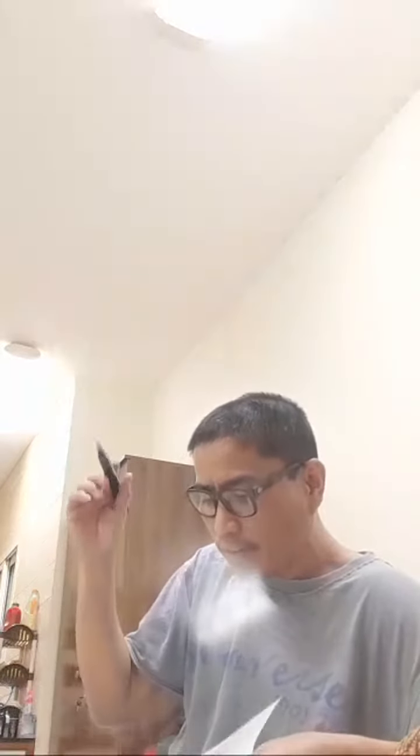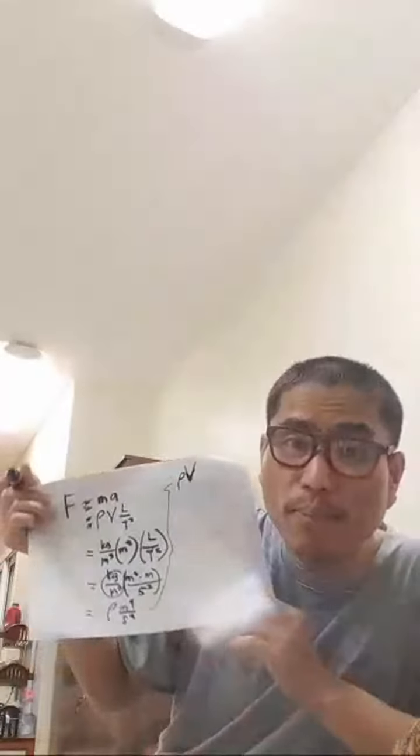Okay, so, going back: density times the volume. I see the volume, big V, to distinguish it from the small v, which is velocity. So, density times big V, the volume, times the small v. Volume is cubic meter, so what remains is meter per second squared.